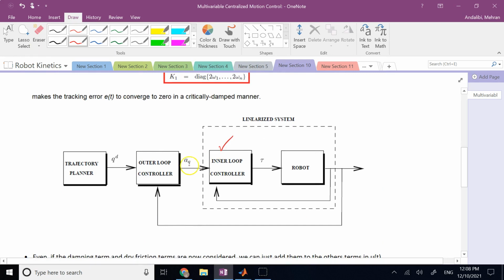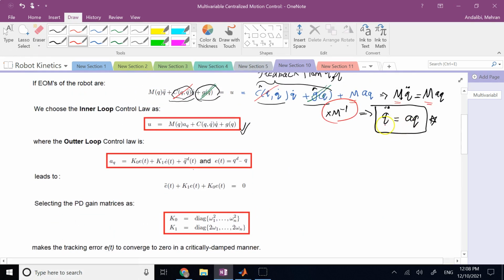The outer loop goal is to define this A of Q such that the error in my system, which is basically the difference between Q desired and Q, has a limit, when t goes to infinity, which we call error steady state, equal to 0.